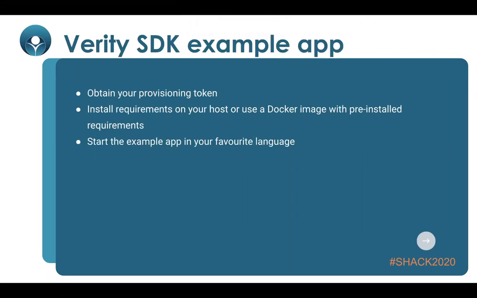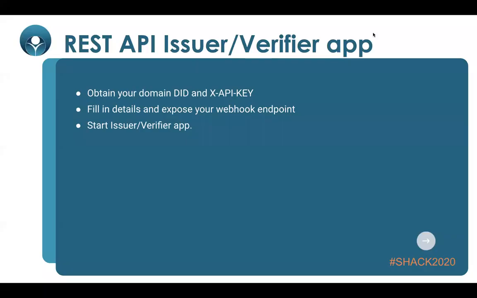So this was a showcase of how you could start your Verity SDK example app fast and get yourself a credential or proof request. We will now show how you can use the Verity REST API to create your issuer or verifier SSI applications.